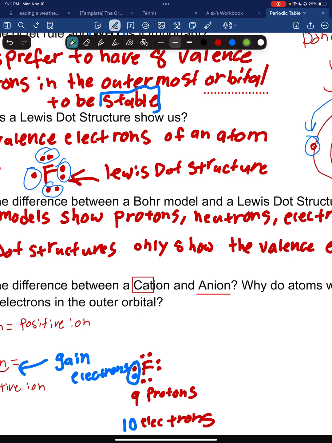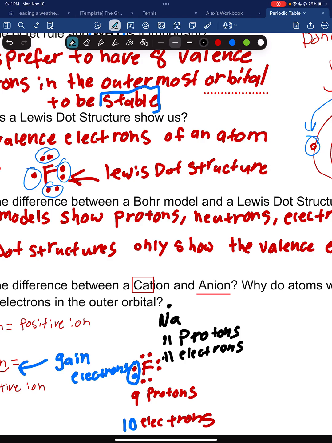So if I have a sodium atom, okay, sodium has 11 protons and 11 electrons in a neutral atom. It's in our group 1 element, so that means we have 1 valence electron.